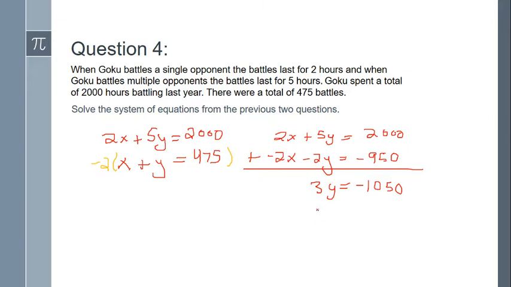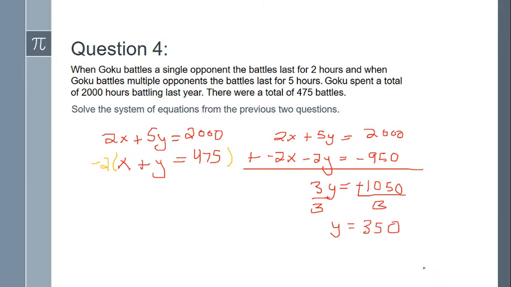All right, so the last step, of course, to solve for y would be to divide both sides by 3. Clearly this is a positive number because the 2000 is bigger. And so that we get that y is equal to 350.